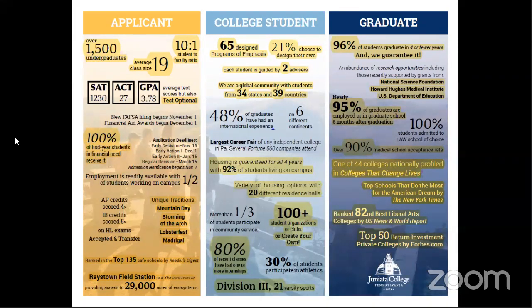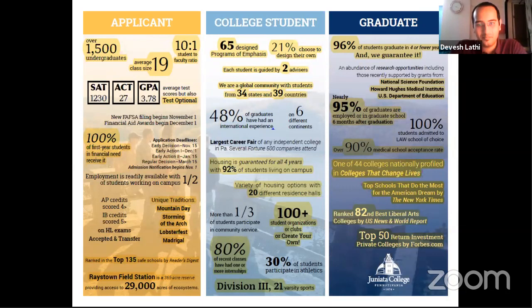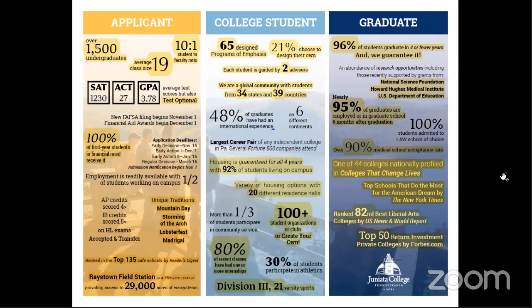A lot of recognitions that Juniata has had and continues to have. One honorable mention is that we are listed as one of the 44 colleges nationally profiled in Colleges That Change Lives, a book authored by the ex-editor of the New York Times. So we are one amongst the colleges that actually change the lives of students.